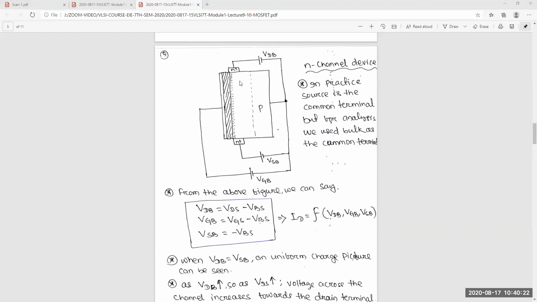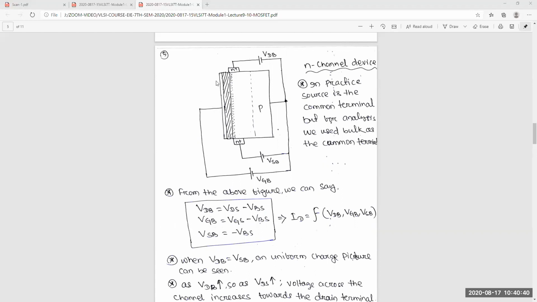Now if we calculate this voltage, suppose this is gate and this is source. So here it is gate voltage minus 0, and here it is gate voltage minus a non-zero value.